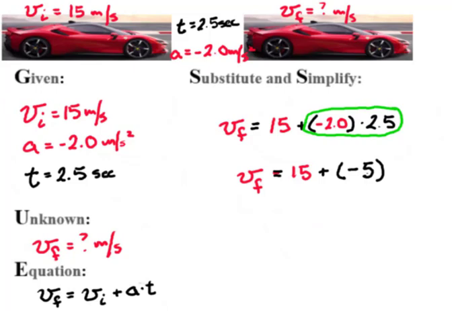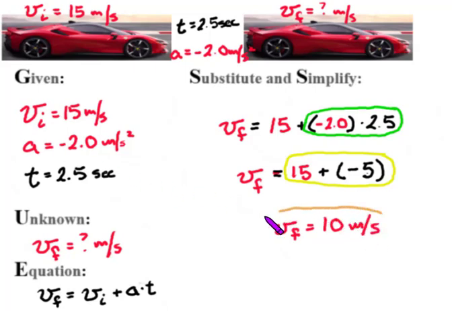And now I'm going to type this into my calculator for the second order of operations. And 15 plus a negative 5 gives you a velocity final of 10 meters per second.